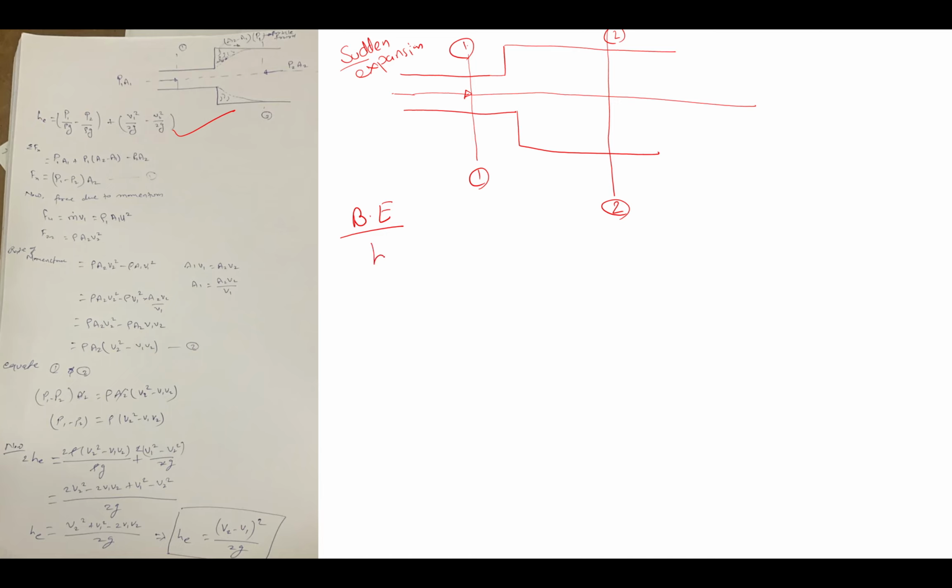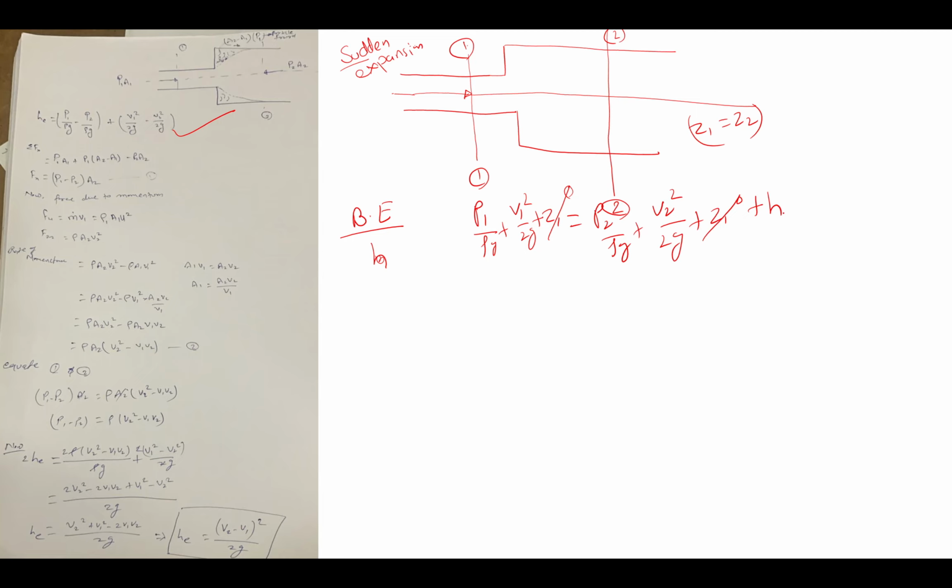So P1 by rho g plus V1 square by 2g plus Z1 is equal to P2 by rho g plus V2 square by 2g plus Z2. Z1 is equal to Z2 here because the pipe is horizontal, so this will cancel out. So HL, your loss, will be there.